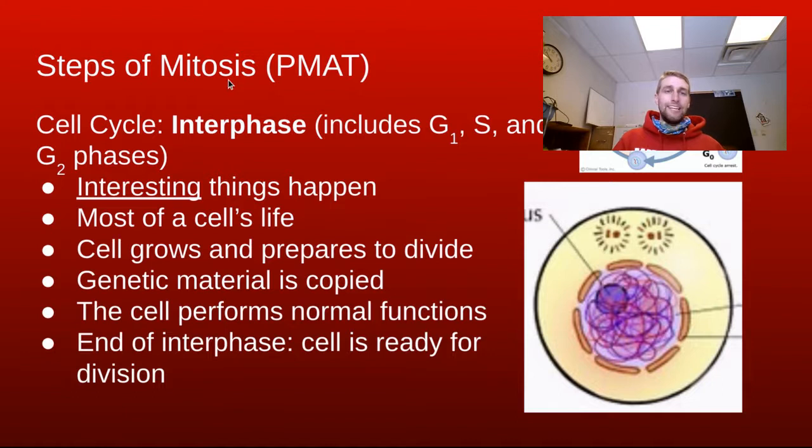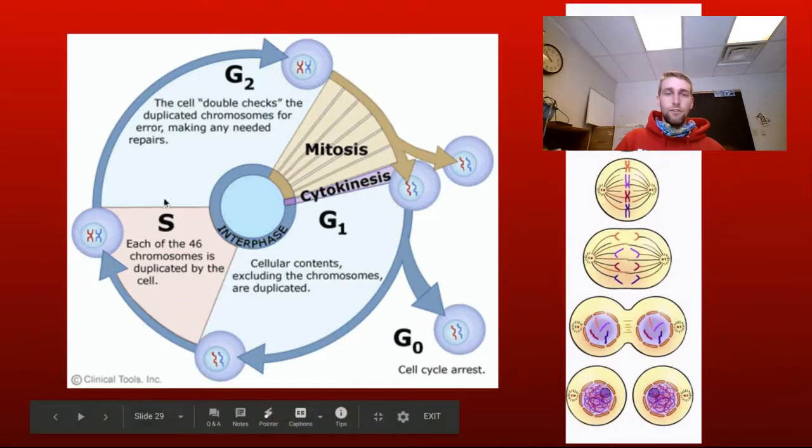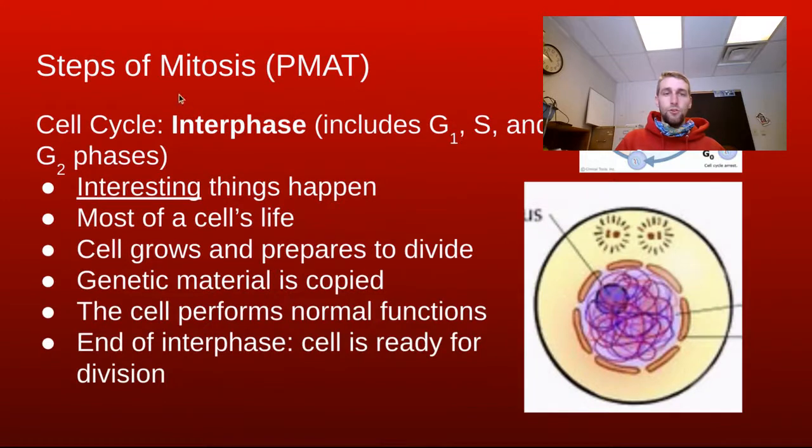So first is interphase. Interphase includes all of the stuff in blue over here. So most of the cell cycle: G1, S, and G2. If you want, there are little word tricks, mnemonics here, to remind you what the different phases are. So think interphase, interesting things happen during interphase.